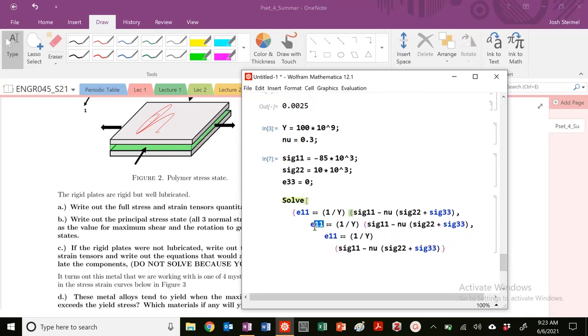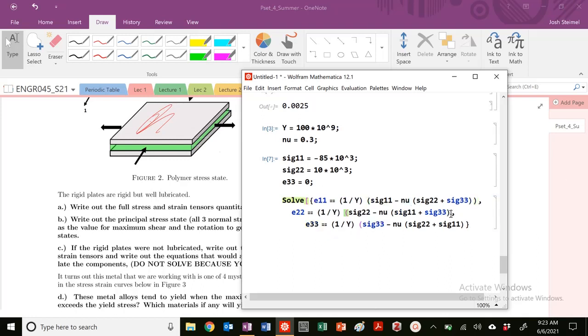So for 2-2, this changes to 1-1, this is 3-3, this is 3-3, and this is 1-1. We need to close each of these parentheses. So I want to solve for epsilon 11, epsilon 22, and sigma 33.